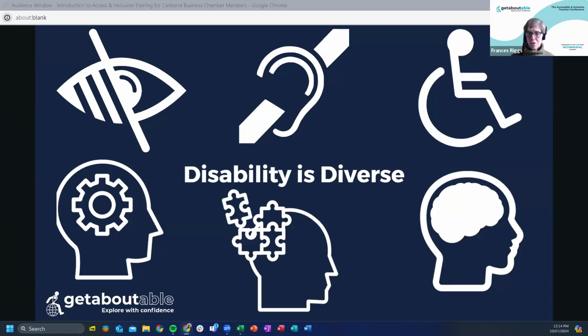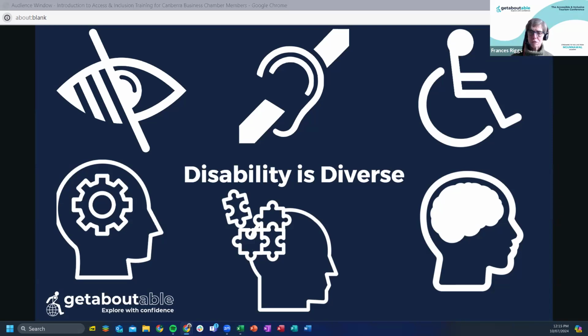Another final category is neurological disability. For example, cerebral palsy, dementia, epilepsy, motor neurone disease, multiple sclerosis, Parkinson's disease, and spinal conditions.